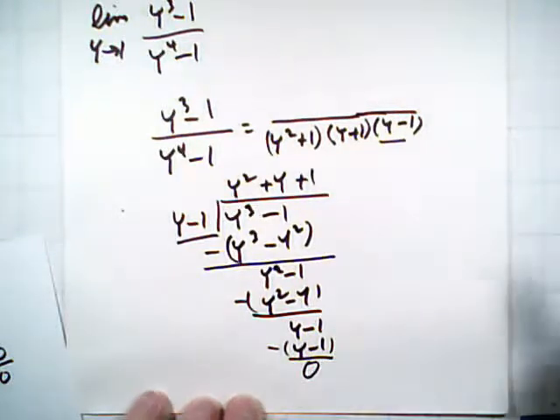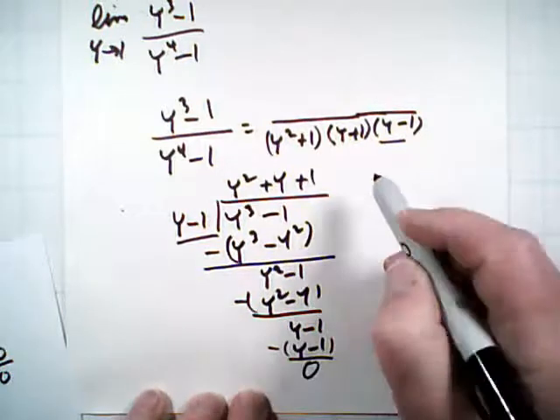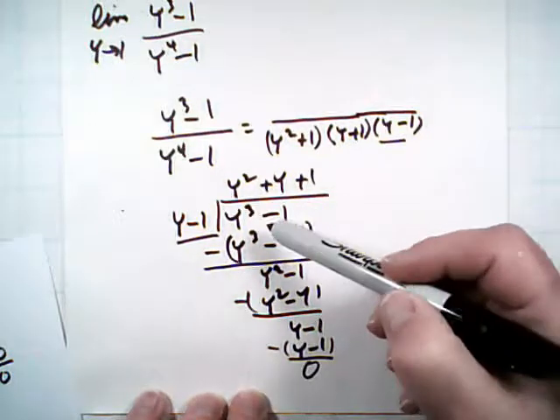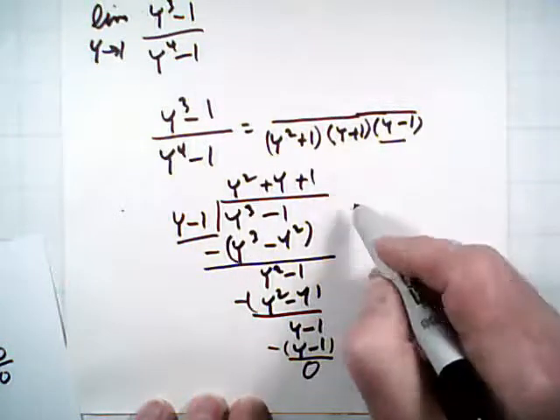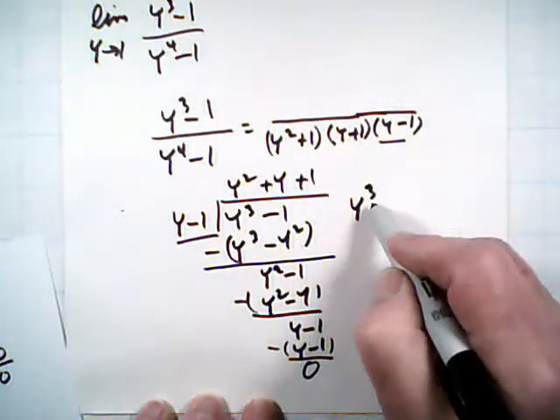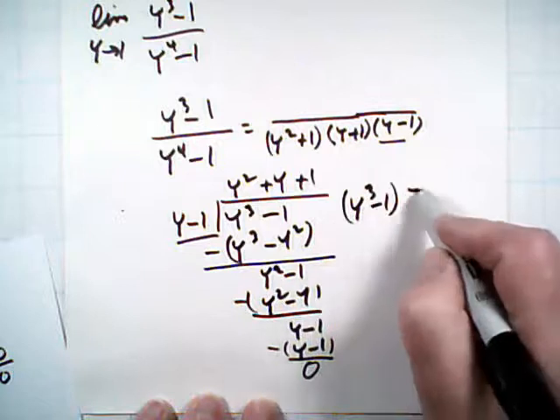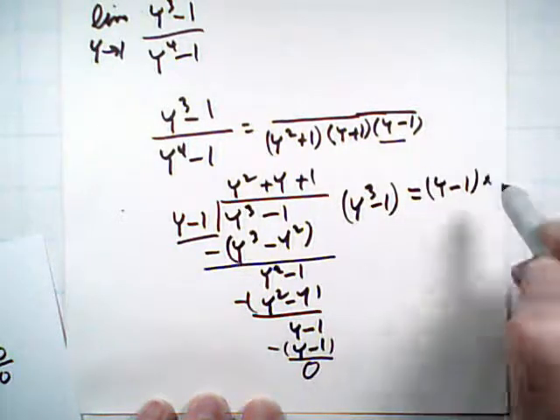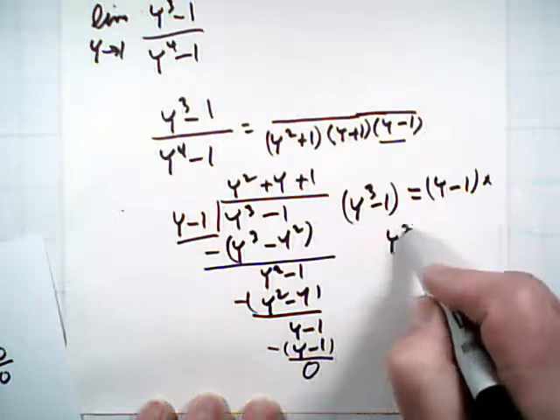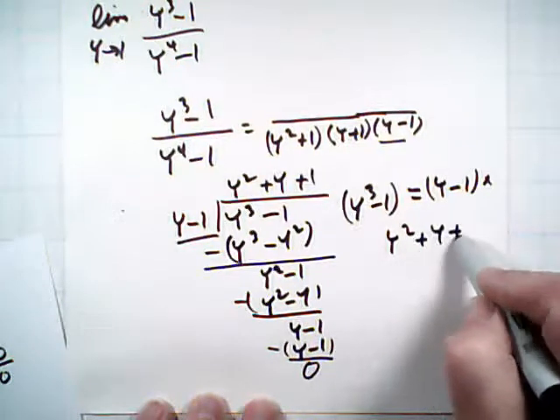There's a 0 remainder. What does that mean? What it means is that y cubed minus 1 is composed of these two factors. That is, y cubed minus 1 is equal to y minus 1 times y squared plus y plus 1.